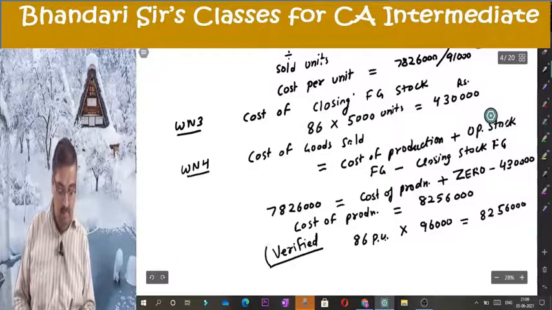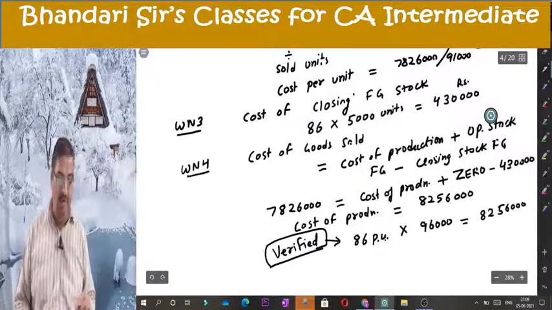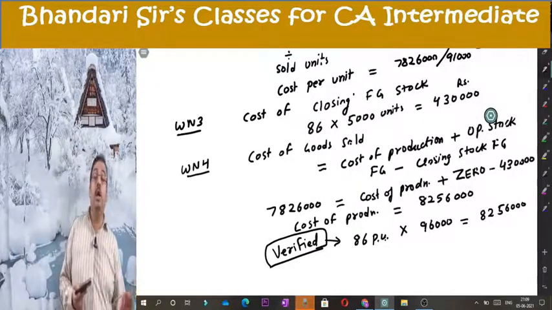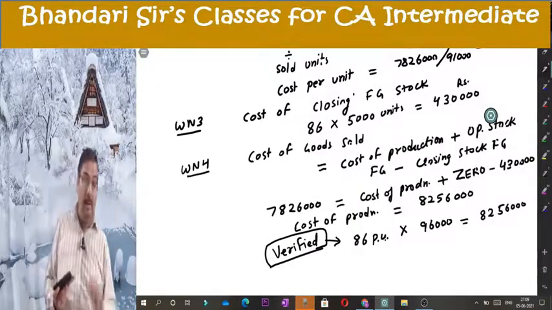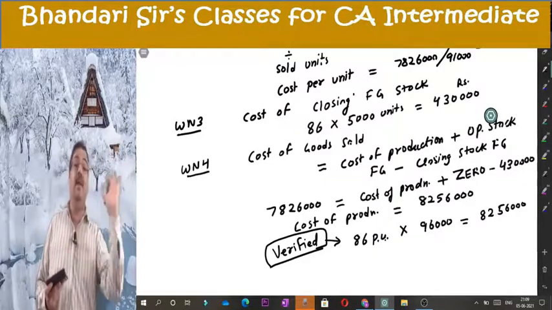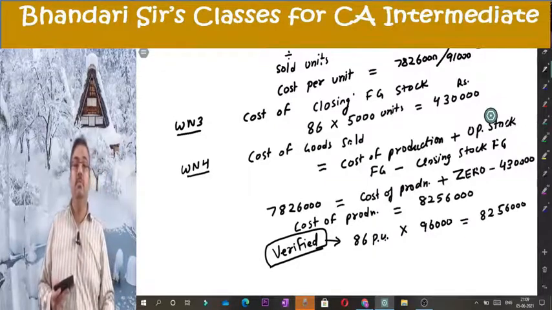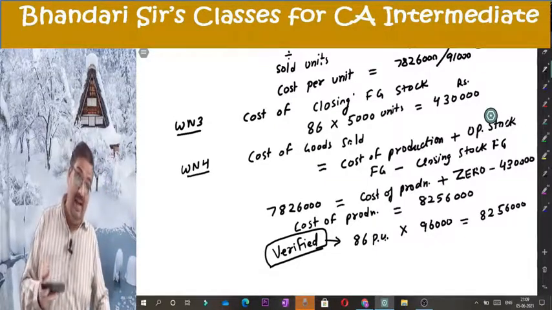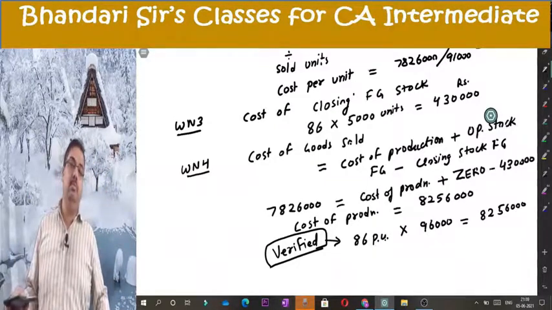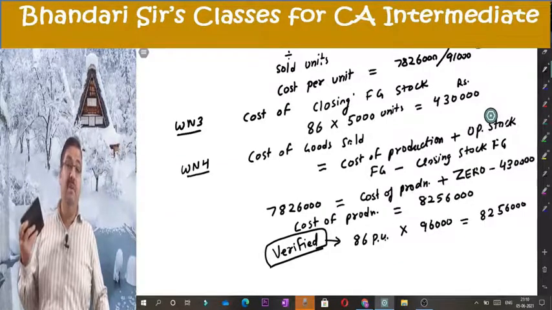In exam, do you need to give verification? No. You can do it either way. But if you multiply 86 with 1 lakh, it is incorrect. 86 lakh is incorrect. If you compute 86 lakh, subtract from there the cost of defective output.